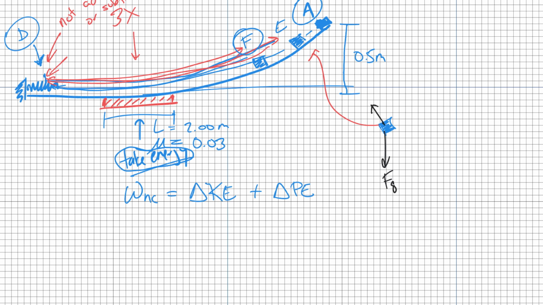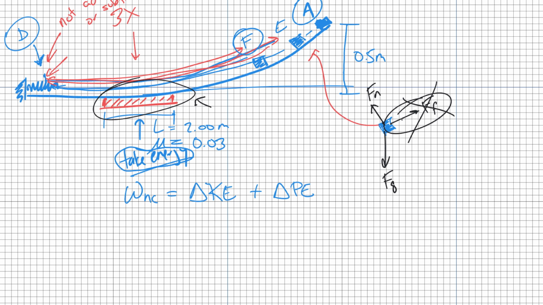I've got the normal force going that way. And during this point, it's got friction, which is going to oppose its motion, right? Obviously, over here, the friction would be going directly to the right. Over here, there is no friction, right?